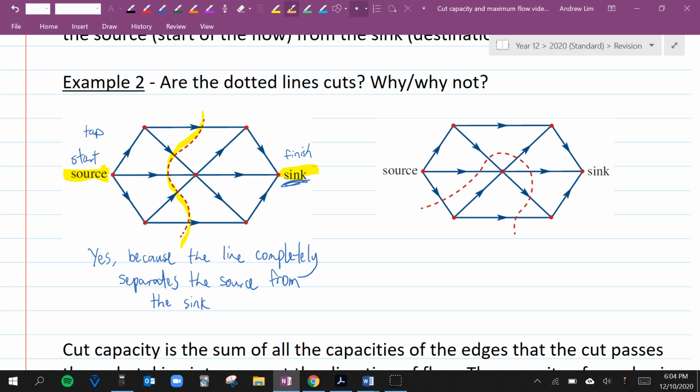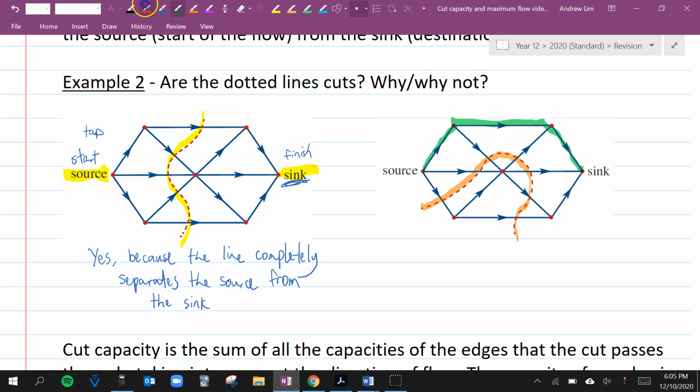If we have a look at the second example, you can see that here we've got our line, but does it separate the source from the sink? No, it doesn't, because we can see if we turn on the tap, water can flow through these pipes into the sink. So water can still get from the source to the sink.